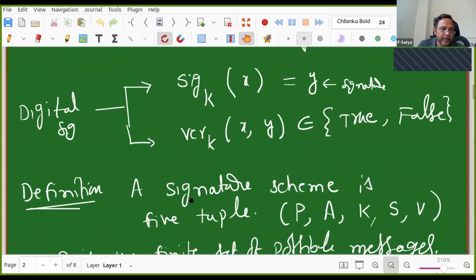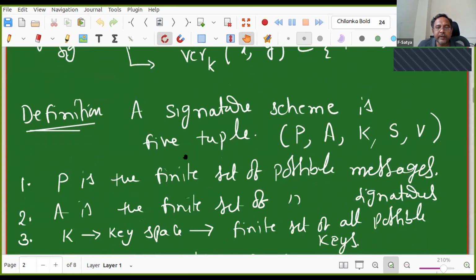Okay. So a signature scheme is a 5-tuple: P, A, K, S, and V. Is it okay, Suresh? Yes, sir. P means plain texts, the possible messages. A is a finite set of signatures.